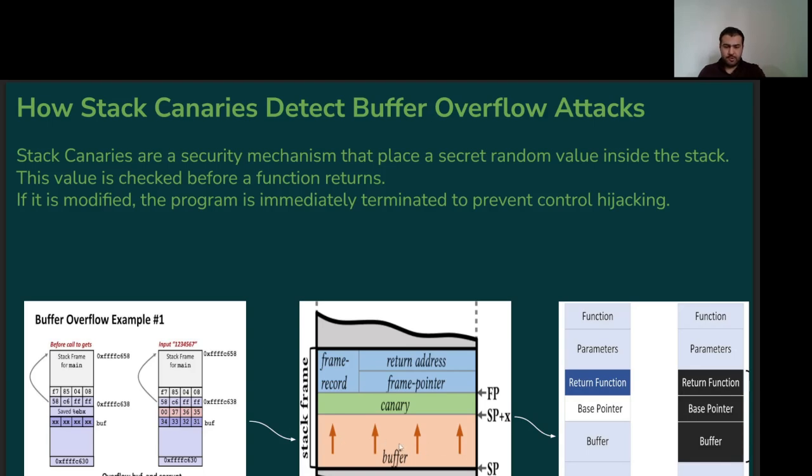These arrows show the direction in which the overflow would move if the buffer receives too much input. The data moves upward and first hits the canary.